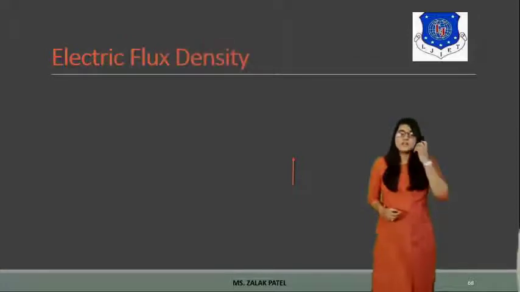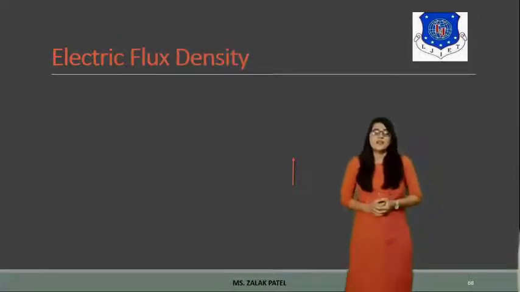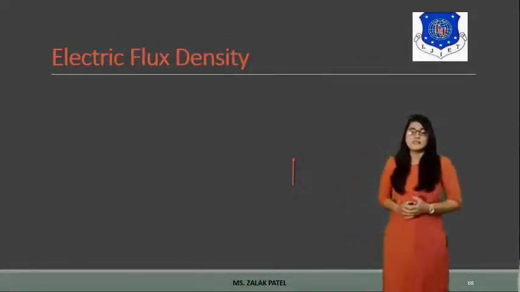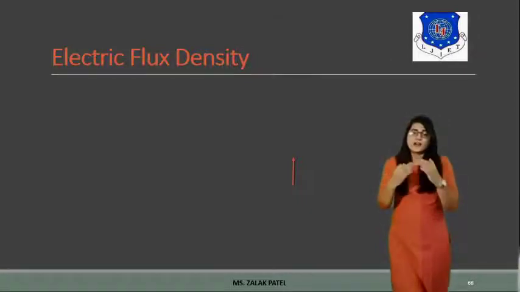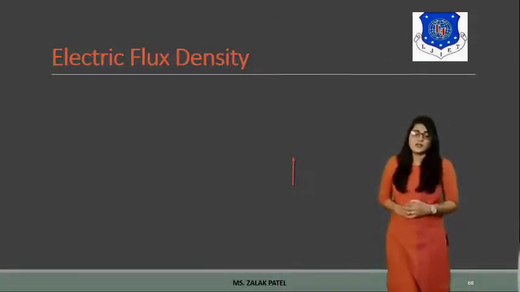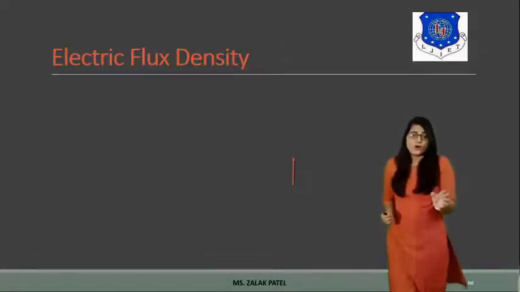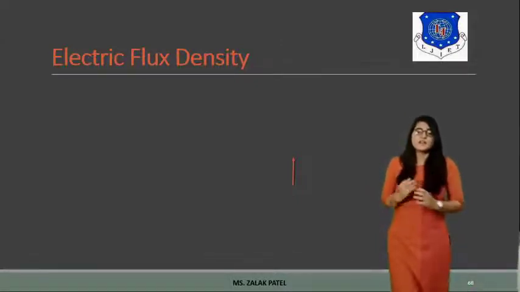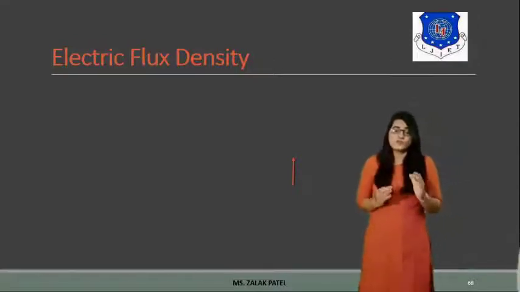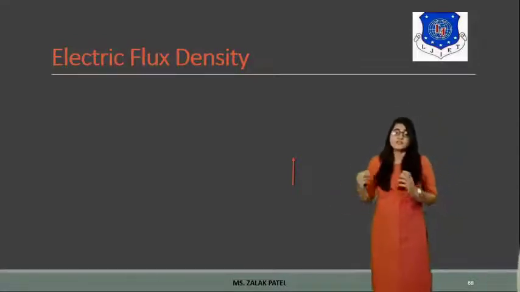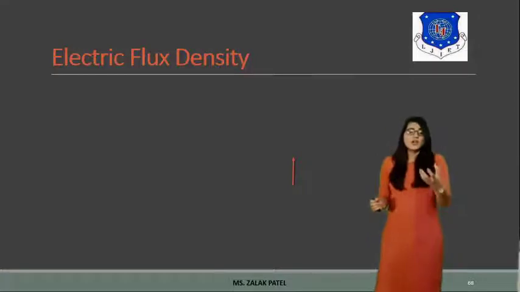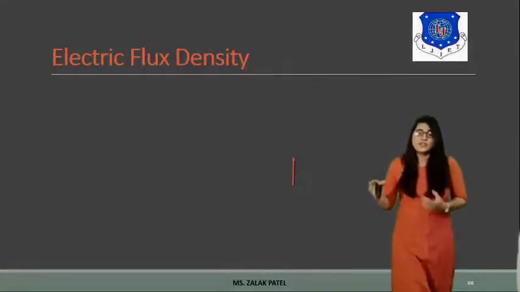So now first let me discuss what electric flux density is. Electric flux density is basically flux per unit area. Now, according to Gauss law, which we are going to discuss in the upcoming sessions, total flux should be equal to the total charge.